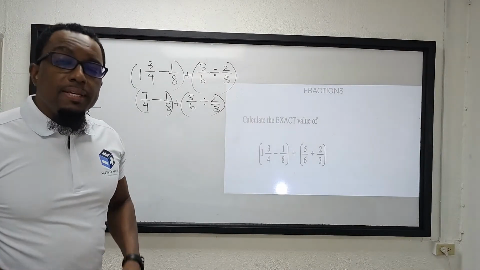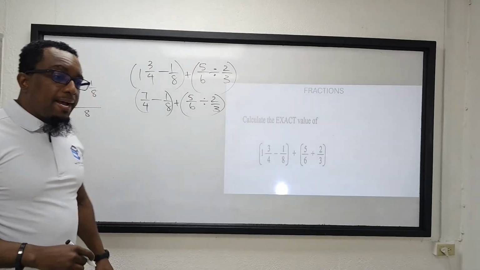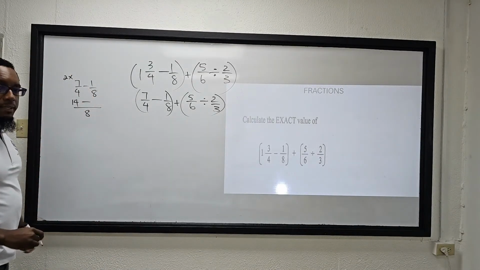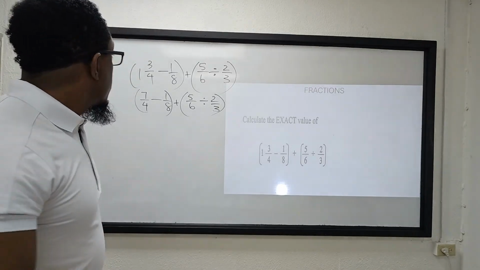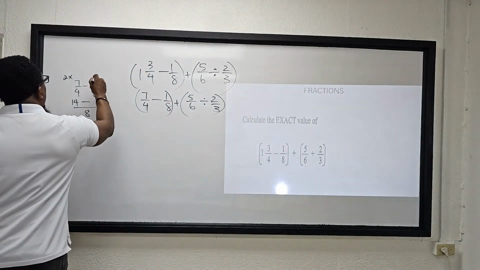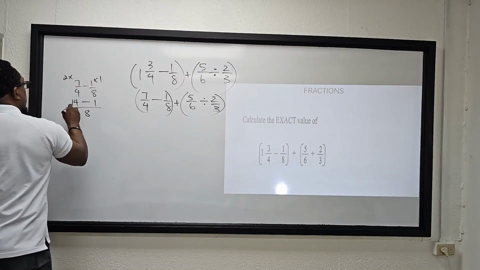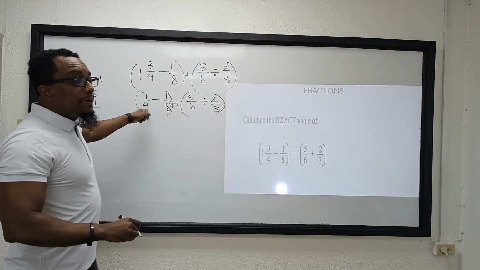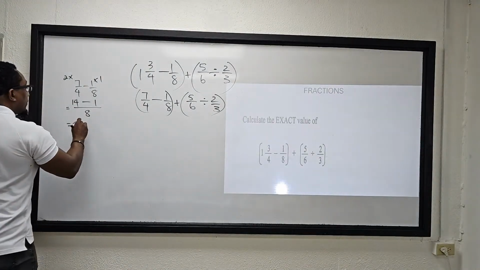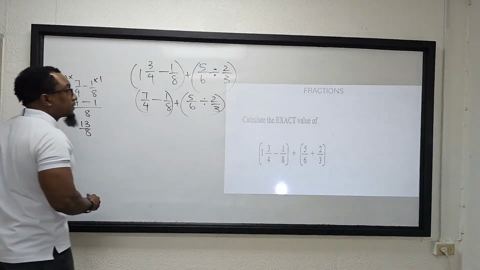I'm going to say 4 into 8 will be 2. 2 by 7 will give me 14. Subtract, I'm going to say 8 divided into 8 is 1. And 1 by 1 will give me 1. So I know in my first bracket, the result there will be 13 all over 8.